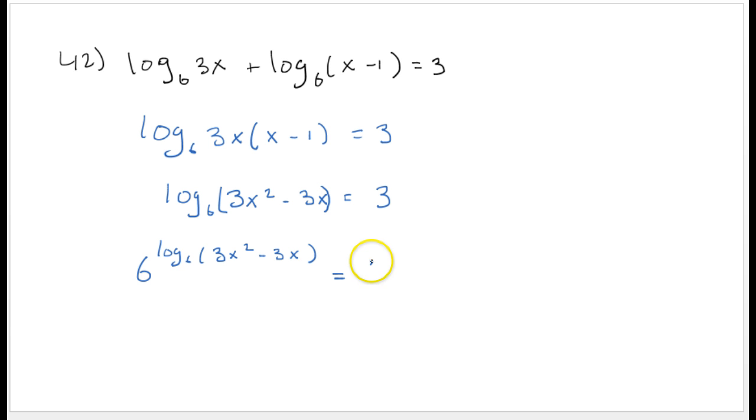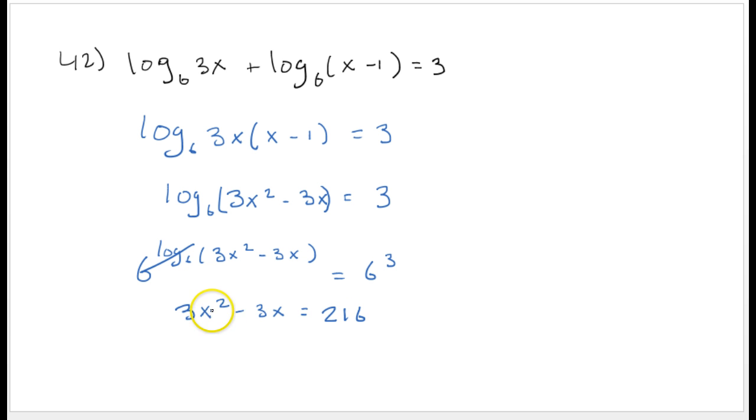What you do to one side, we have to do to the other side. At this point, these bases cancel out, and we're just left with 3x squared minus 3x is equal to, and if I punch that into my calculator, 6 to the third power is 216.